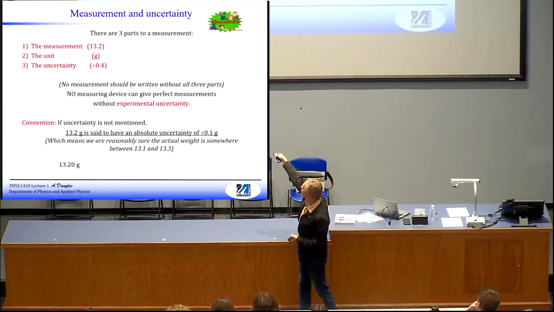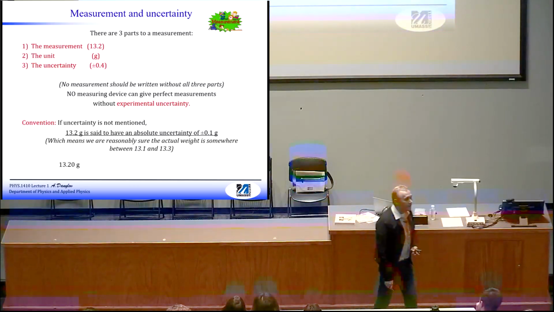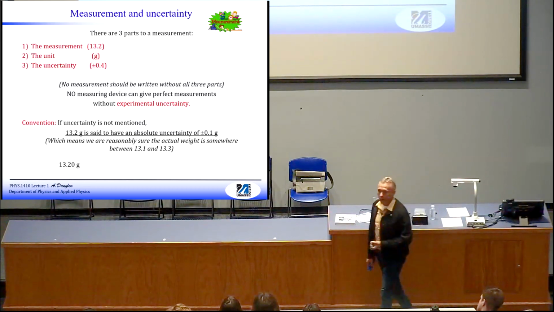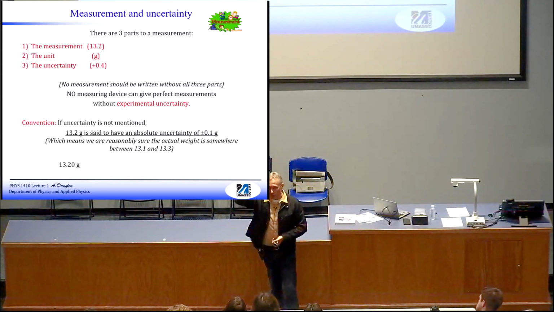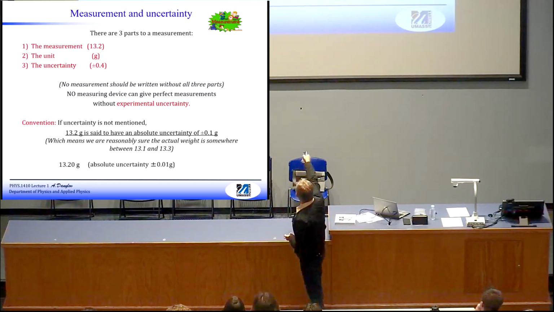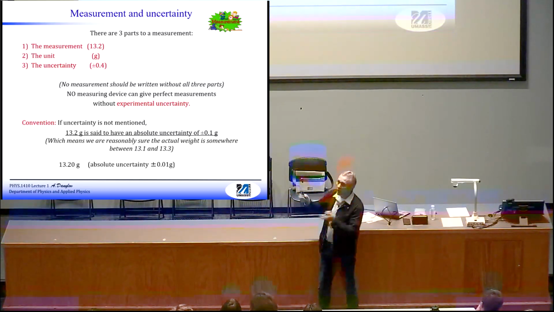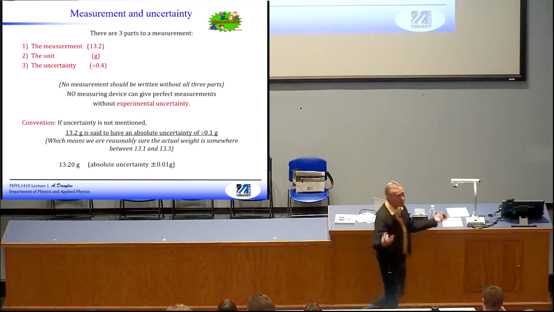So now uncertainty is in the second digit after the decimal point. That zero is extremely important, and we shouldn't be trashing it. According to the convention, now uncertainty is in 0, plus minus 1. So still plus minus 1 all the time. So now the uncertainty is plus minus 0.01, which means that the actual weight is between 13.19 and 13.21.